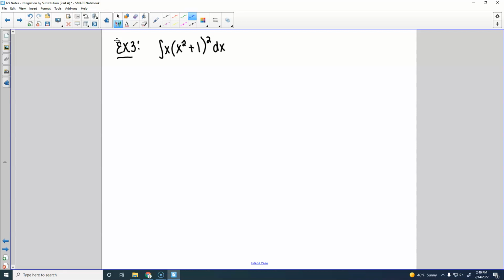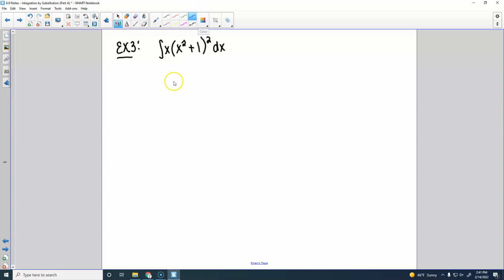But what you're going to see for these is that usually, on multiple choice, the answer choices will not be multiplied out. They'll still be factored, since it's been done with a u-du substitution. If you multiply this all out and integrate it, you'd have to do some crazy factoring to get back to what the answer choices look like. So something like this, you want to use a u-du substitution on.